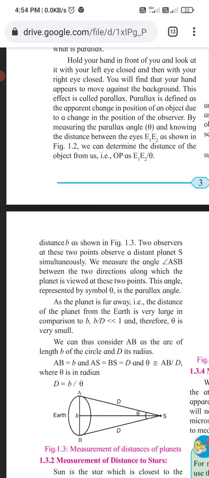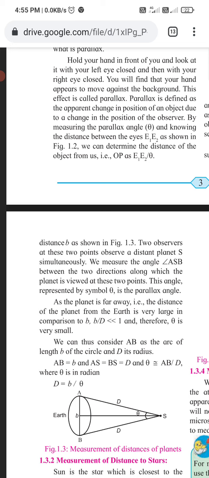Then S is the distant planet. The angle ASB between the two directions along which the planet is viewed at the two points is the angle theta.